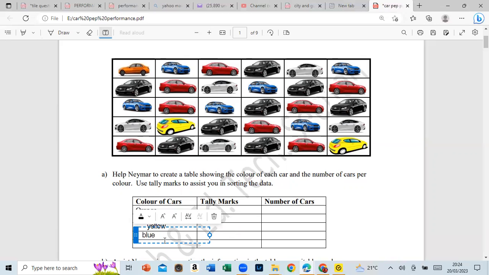Which other color? Hold on, we have white here. I see a black car here, I see a red here, I see a black, I see blue, I see yellow.